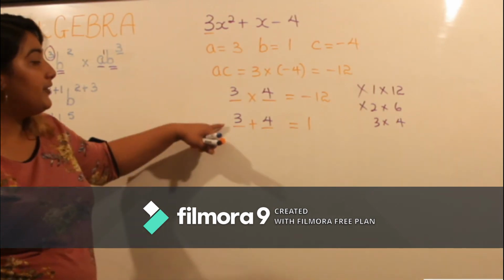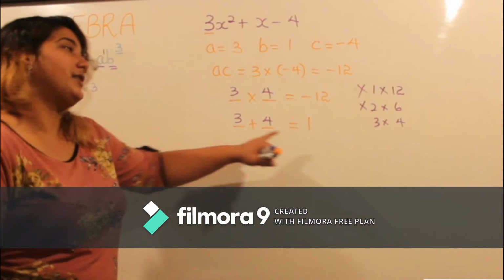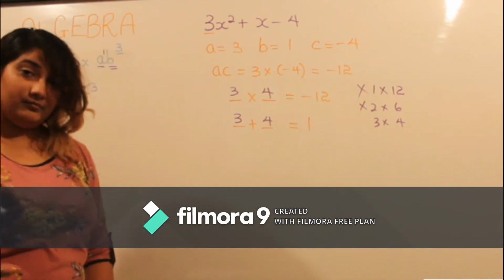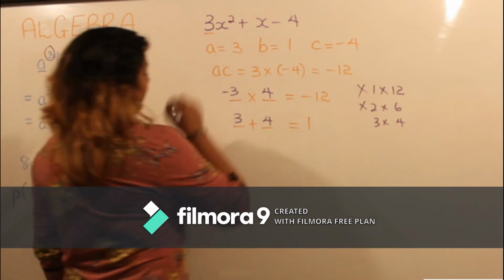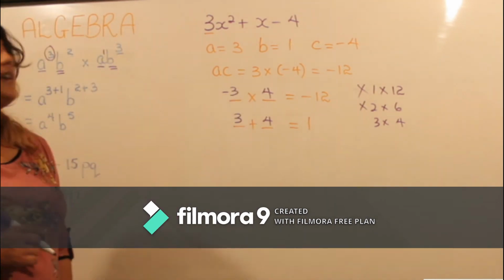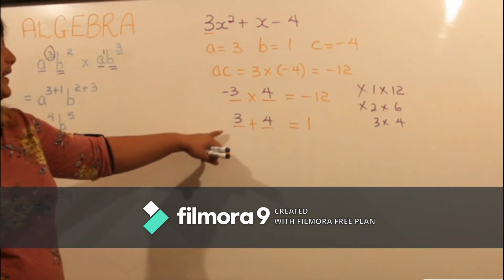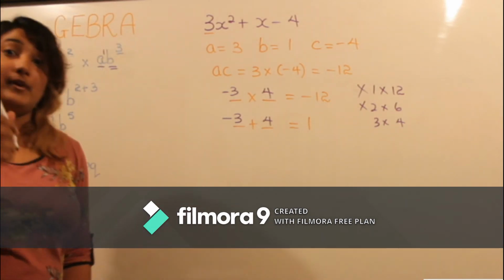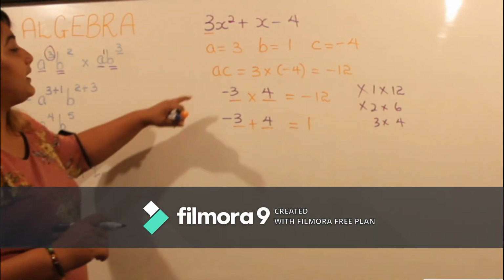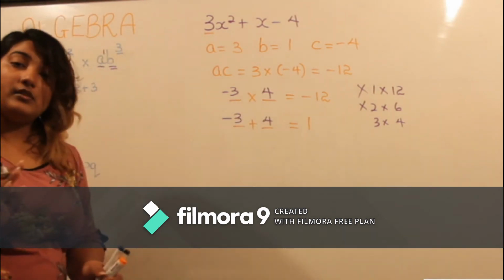However, if I did 3 plus minus 4, this would become negative because 3 minus 4 would give me minus 1. That is how I know that the 3 actually has to be negative instead. So negative 3 times 4 is going to give me negative 12. And then I have here negative 3 plus 4 is going to give me positive 1. So this is the pair of factors I'm going to use.